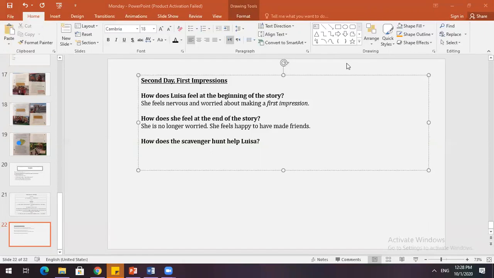Who knows? Yasin? The scavenger hunt helped Louisa to make friends and help them. She helped them with some clues. Excellent.